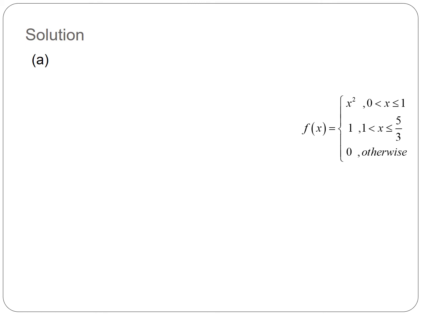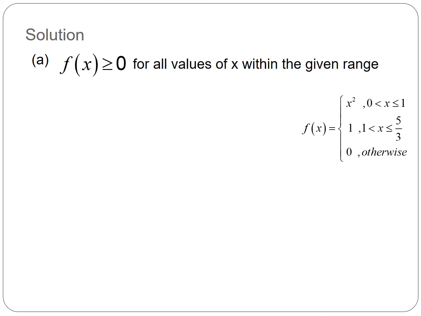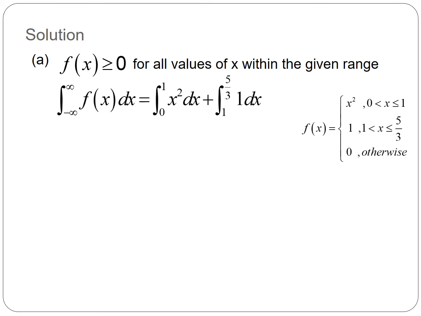Part A. You are required to show that the function f of x is a probability density function. So notice that for all values of x in the interval, your f of x are non-negative. Next, you have to show that the sum of the integral of the function must be 1. In other words, the total area is 1. So for the function x squared, the limits are from 0 to 1.